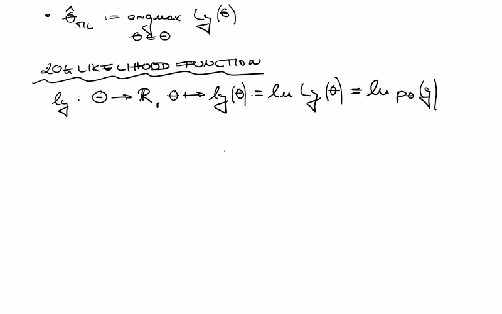Now, why is that done, and why is everybody always talking about the log likelihood function rather than the likelihood function? The main reason is just pragmatics. Often there are pragmatic reasons to use the log likelihood function instead of the likelihood function.